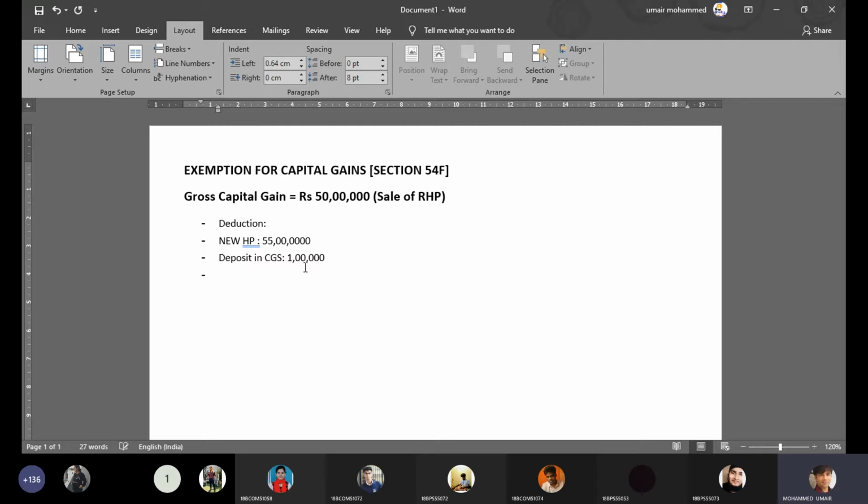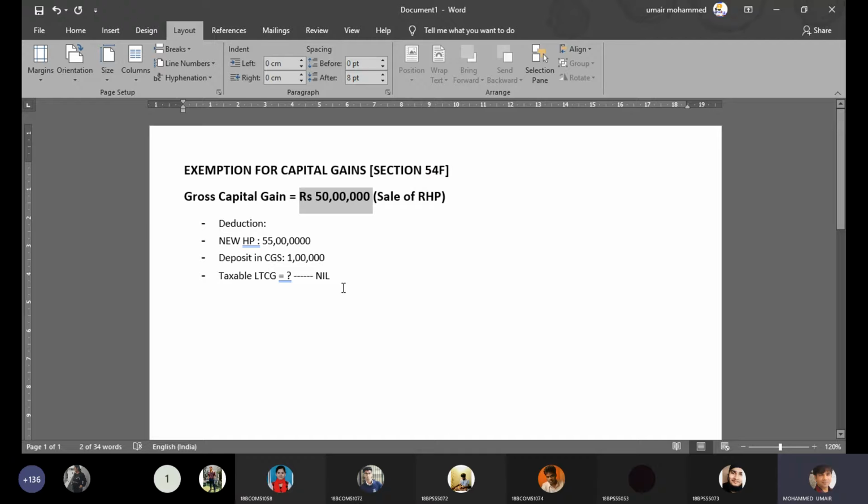So what will be the taxable long-term capital gain? The answer is long-term taxable capital gain will be nil, because whatever gain has been made from the transfer of residential house property is being reinvested in a new house, and deposit is also being made in capital gain scheme. So the assessee has completely utilized this 50 lakhs and there is nothing left out.